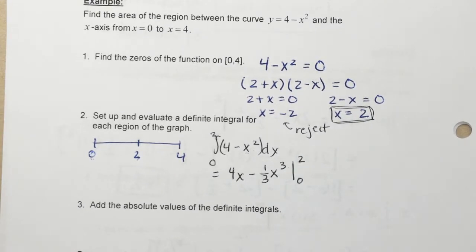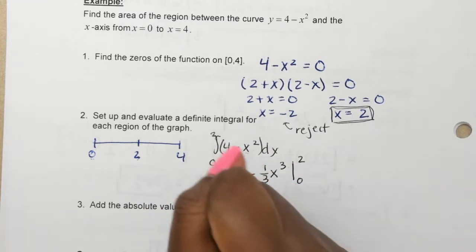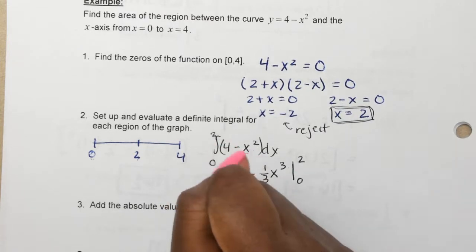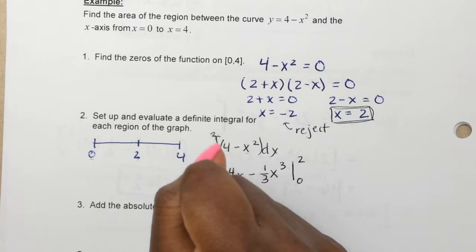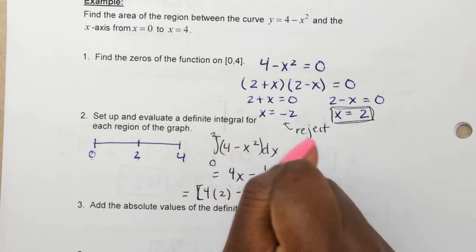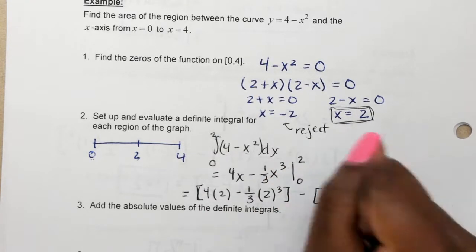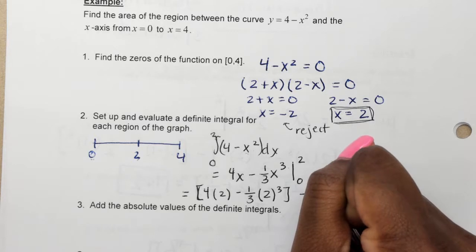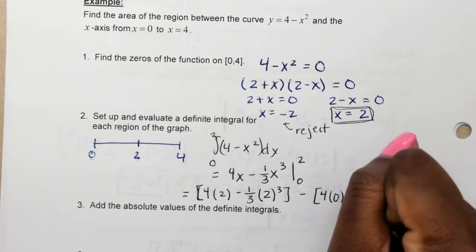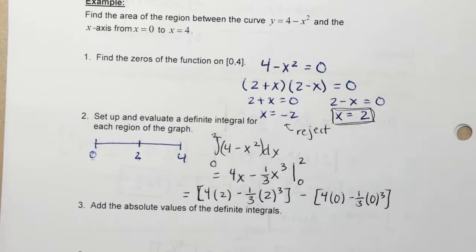So now we're going to substitute and subtract. So we have 4 times our upper limit, which is 2, minus 1/3, 2 cubed. And we're going to subtract from that 4 times our lower limit, which is 0, minus 1/3, 0 cubed.